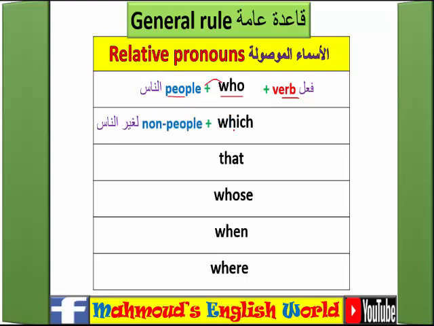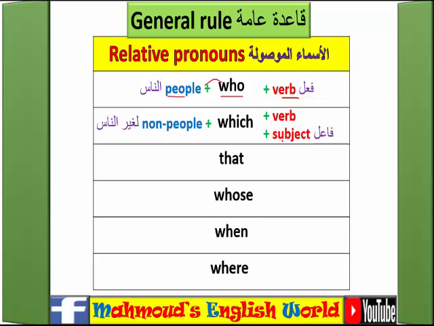Which should be, we should have non-people before, and we should have here either a verb or a subject. Like here, this is the cat which drinks milk, or this is the cat which I bought. Okay, which, I is the subject here.